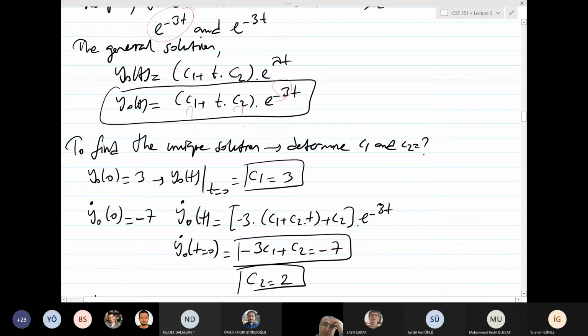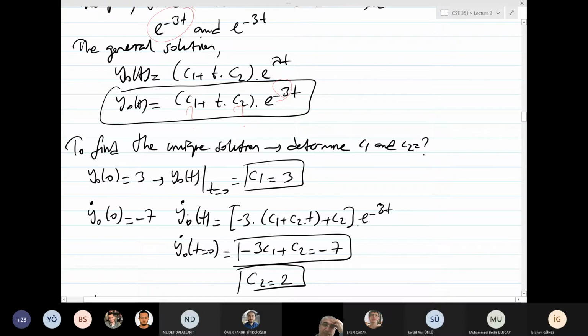Now let's use the second initial condition, which is the derivative of y0 of t, when t equals 0, is equal to minus 7. So first, let's take the derivative of this. If I take the derivative of this, it is minus 3 times (c1 plus c2 times t) plus c2 times exponential minus 3t.